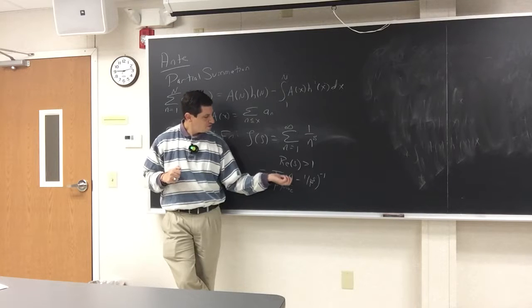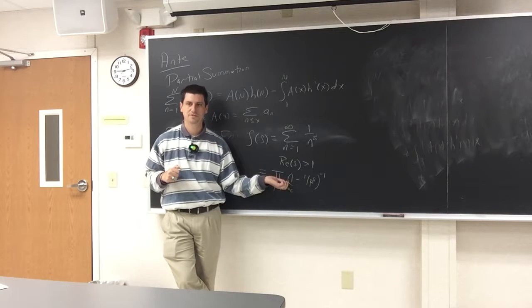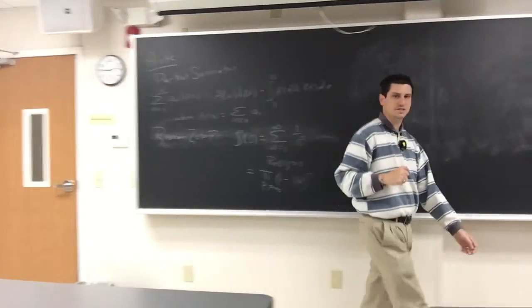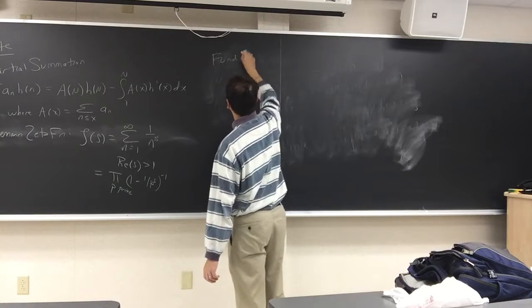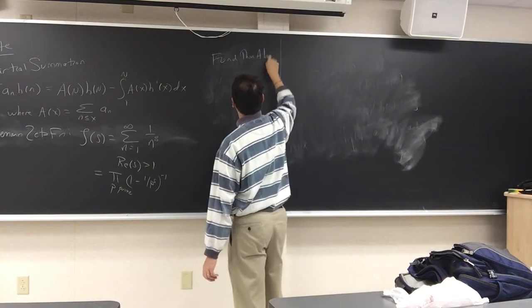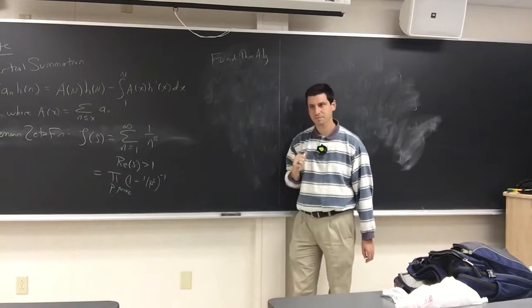So what does this product remind you of? Geometric series. So a really good exercise. It's essentially the fundamental theorem of algebra, is that the two sides are the same.